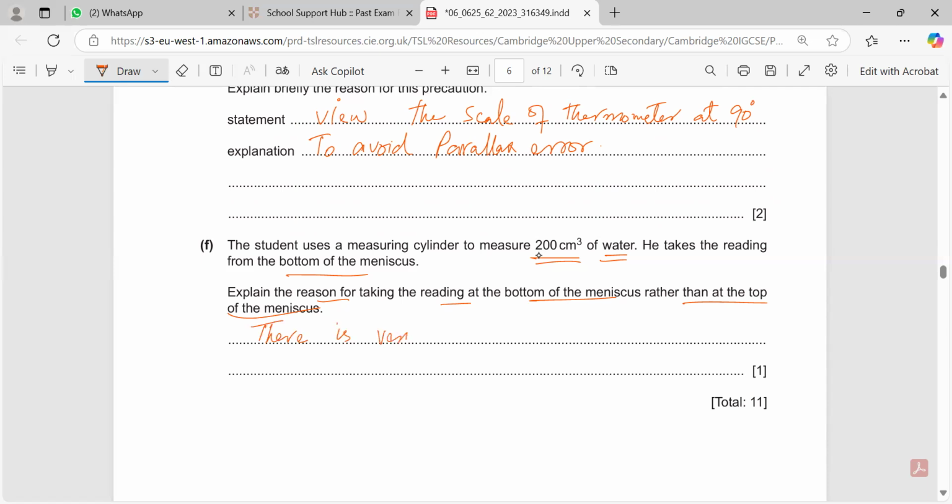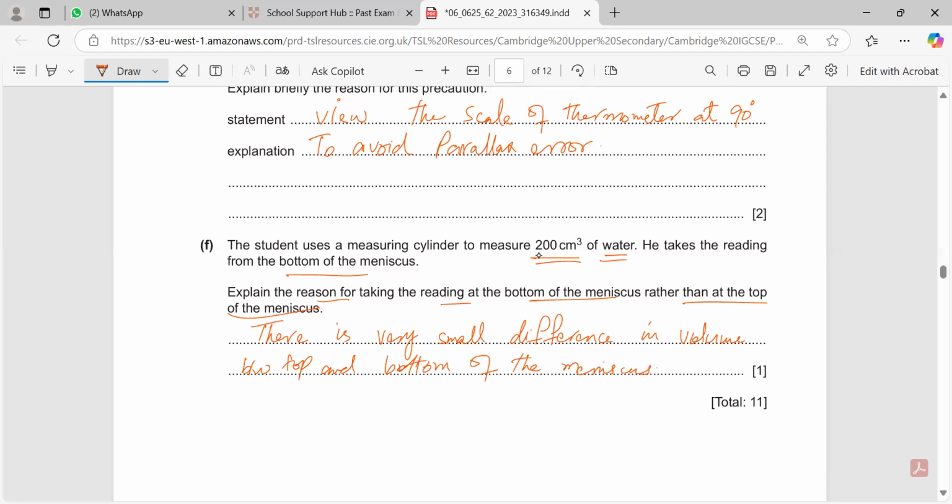There is a very small difference in volume between the top and bottom of the meniscus.